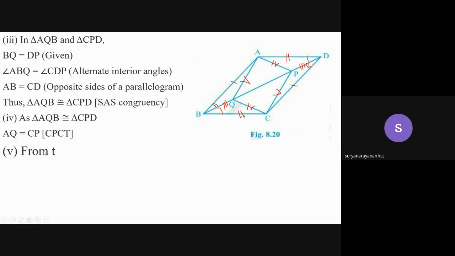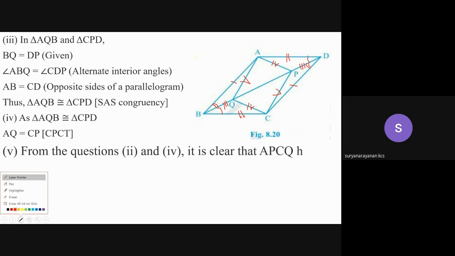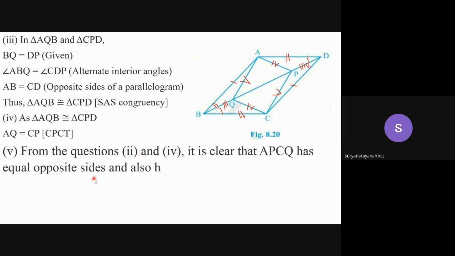Now come to the next part. From the questions 2 and 4, what do you observe here? APCQ has equal opposite sides and also equal angles.